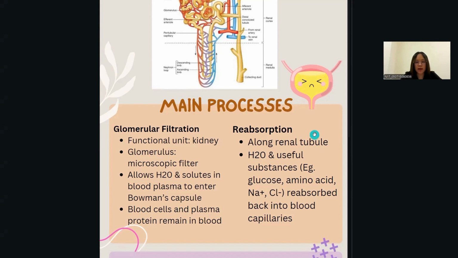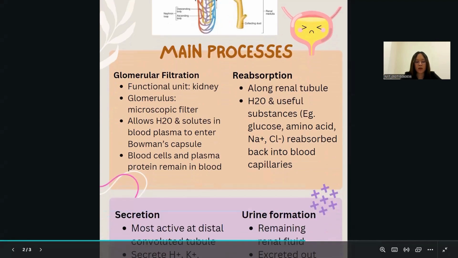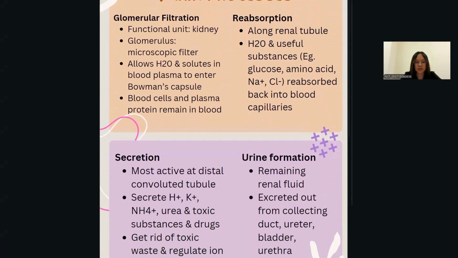Next, looking into reabsorption. Reabsorption occurs along the renal tubule, where the water and useful substances, for example, glucose, amino acid, sodium ion, and chloride ion are reabsorbed back into our blood capillaries. The last part will be secretion.